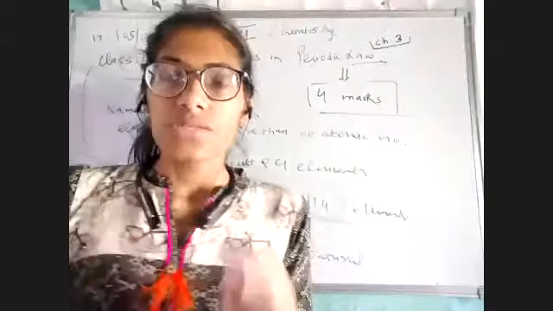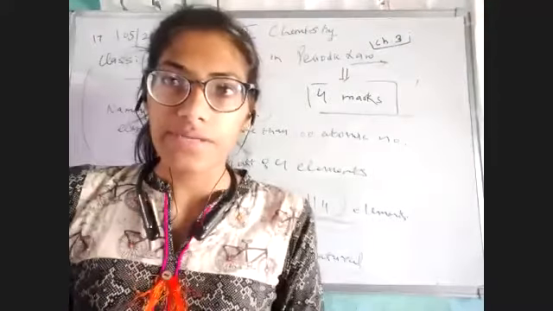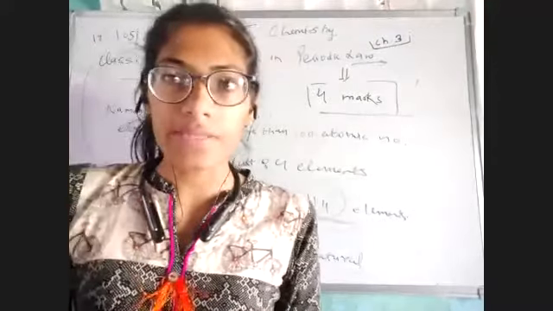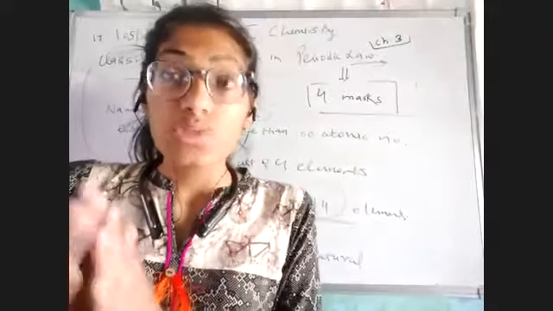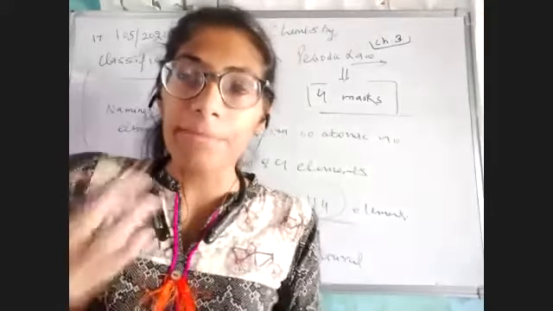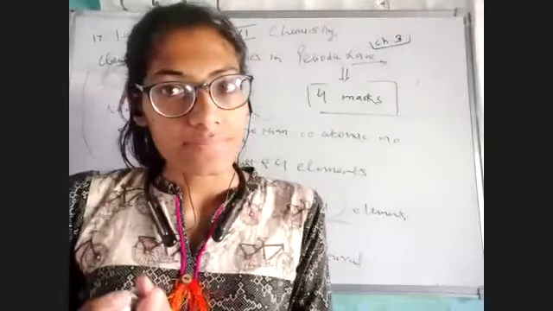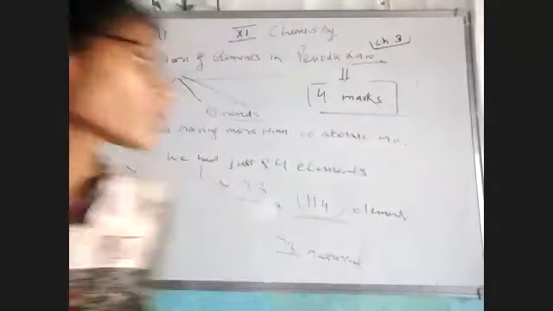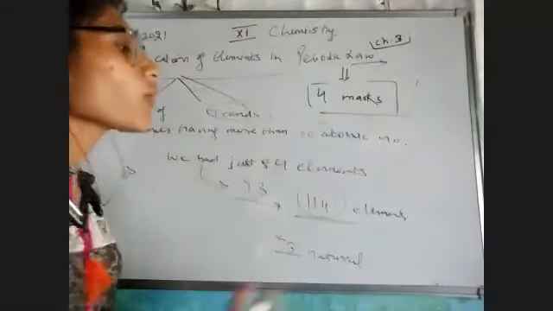So the point here is that we have so many different elements, we need to arrange them in the form of a table so that we can check their properties and get benefit from their physical as well as chemical properties.